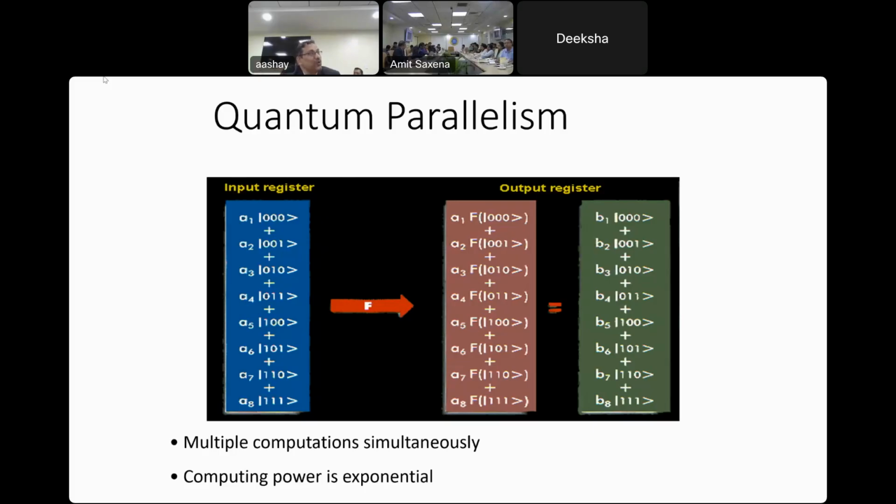We have to decompose a 4-qubit function into single-qubit and 2-qubit functions. I'm not touching the decomposition technique here. This decomposition technique was entirely my PhD work. It's called quantum logic synthesis or quantum circuit synthesis, where we designed a lot of mathematical techniques to decompose a certain quantum function into implementable quantum operations.